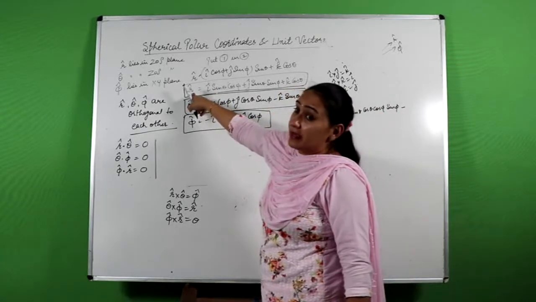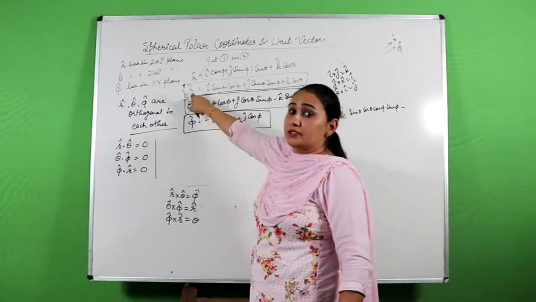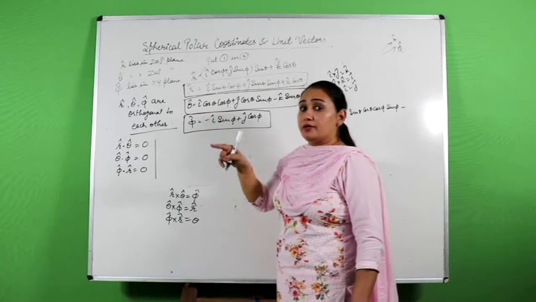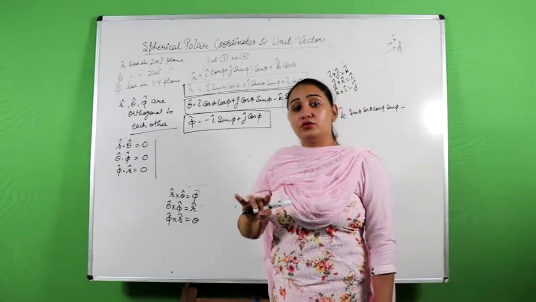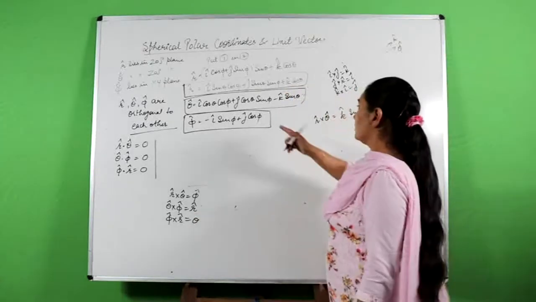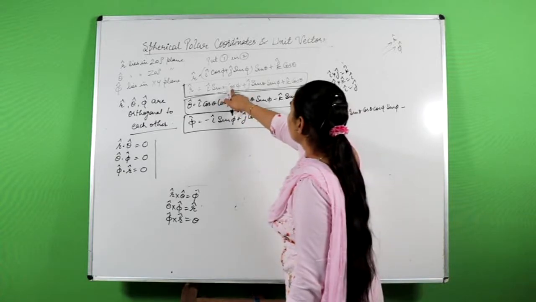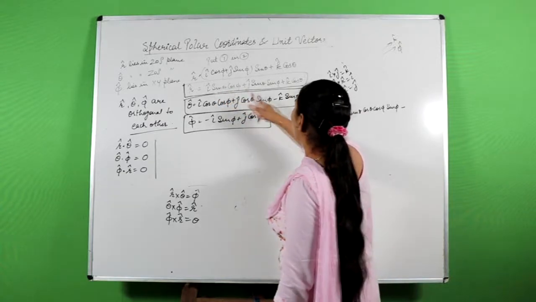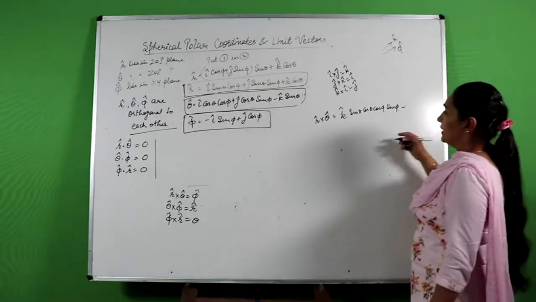If r is at the first place and theta is at the second place, it should remain like that, because if you reverse it, then you have to change the sign also. So r cross theta we are doing, so r is at the first place. Now if I multiply i cross k, it will give me minus j.